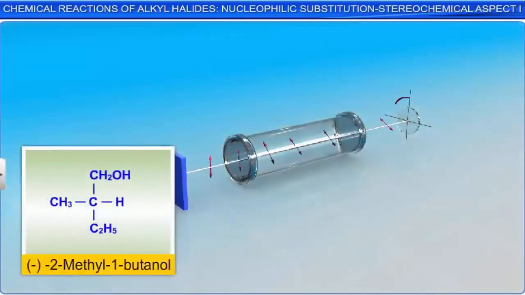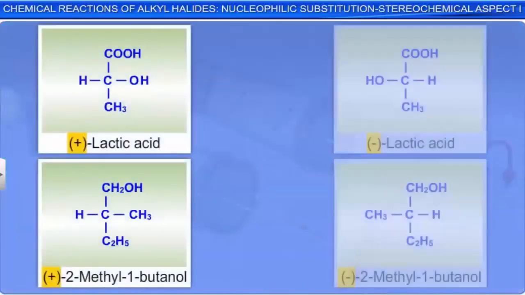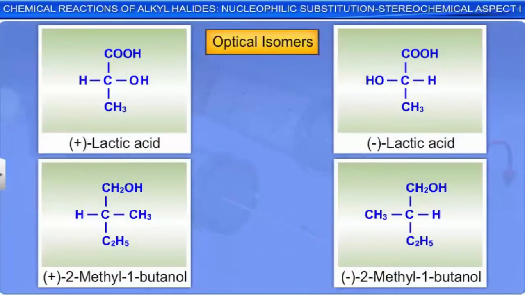Similarly, the 2-methyl-1-butanol obtained from fusel oil rotates plane polarized light to the left, and it is known as Laevorotatory 2-methyl-1-butanol or minus 2-methyl-1-butanol. Such plus or minus isomers of a compound are called optical isomers, and the phenomenon is known as optical isomerism.